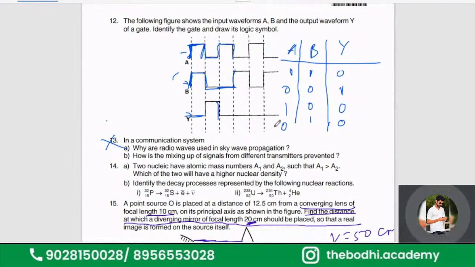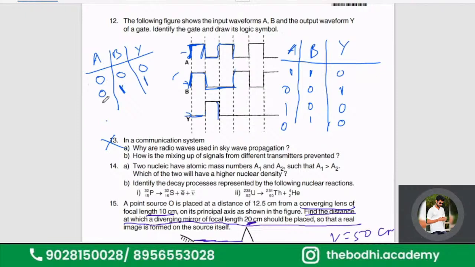So normally, let's write in a proper sequence. A proper logic table is like this: A, B, Y. Tell me which gate this is. 0, 0, 1; 0, 1, 0; 1, 0, 0; and 1, 1, 0. Which logic is this?